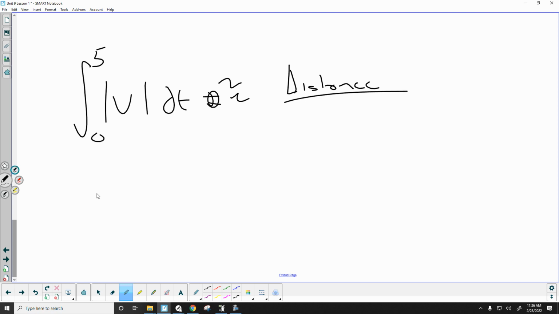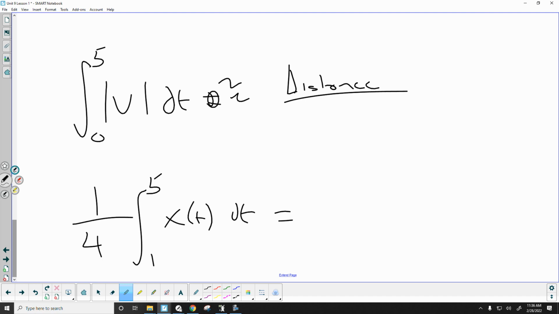What if I ask you to calculate this? Wrong. The average position. Speed is the absolute value of velocity. When you accumulate speeds, you get distances. So you just take away the negative.